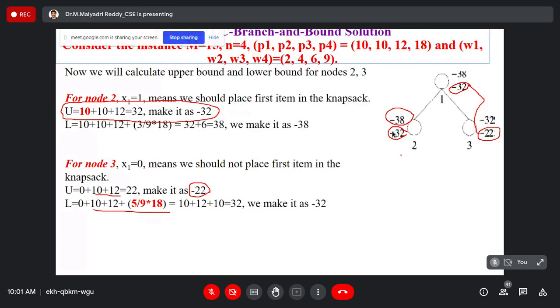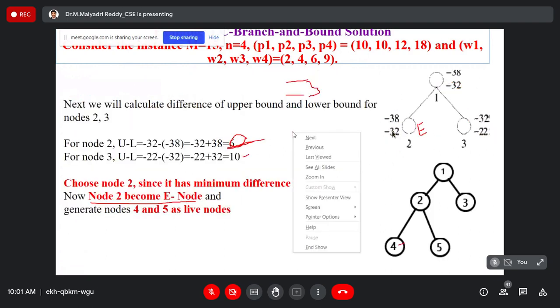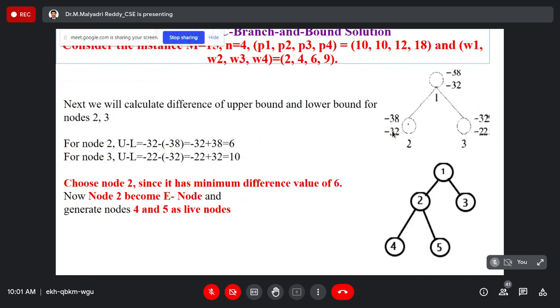Which one do you have to select? Now 2 and 3, these two live nodes are there. Among these two, which node do you have to select for further extension? By calculating the difference of upper and lower boundary of each live node.